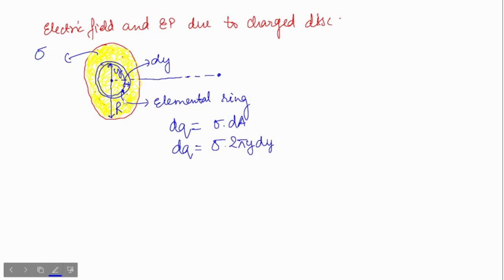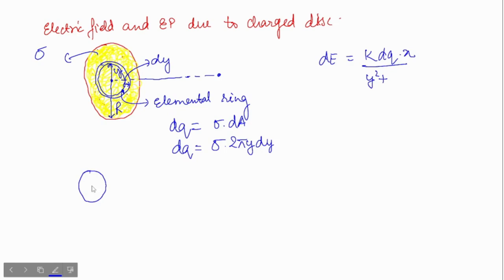We have got the charge on the elemental ring. Now we know the electric field due to a charge on the axis of a ring. In the previous video I told you it is k into that charge, which is dq, into the distance from center x, upon y square plus x square, power 3 by 2. Here, for this elemental ring, y is the radius.